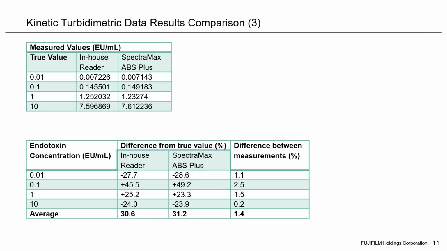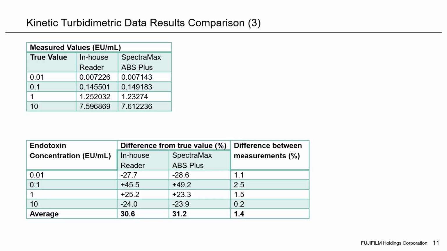So basically what I have in the first graph is a measure of the true values in terms of the control standard endotoxin concentrations that were used, and the values that were produced by the in-house reader and the SpectraMax ABS Plus reader. So in a sense, basically the raw activation times were used to create the standard curve, and then we plugged those activation times back into that standard curve that was produced.